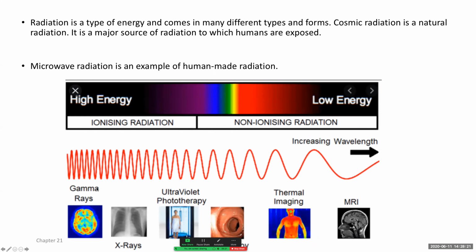On the very far side, where we have the shortest wavelength and the highest energy, are gamma rays. In this image, only gamma rays are nuclear radiation. They come from the nucleus. All the other radiations come from man-made sources or from atoms.